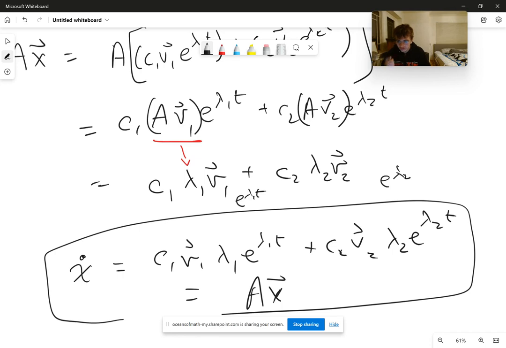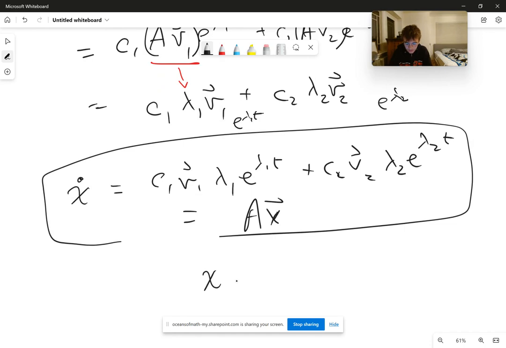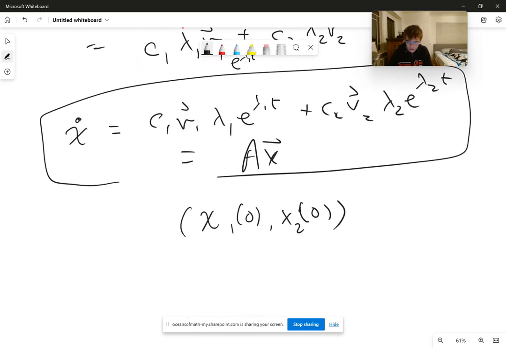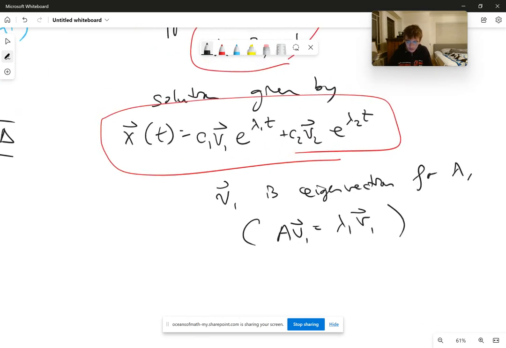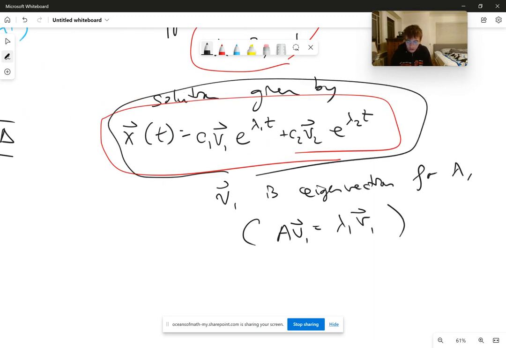And that's what we've shown here: for any initial data, for any initial x1 of 0, x2 of 0, we can plug it into this equation for t equals 0 and solve for the constants c1 and c2. We'll always be able to do this because these vectors should be linearly independent. Of course, that's only possible when the vectors v1 and v2 are linearly independent.